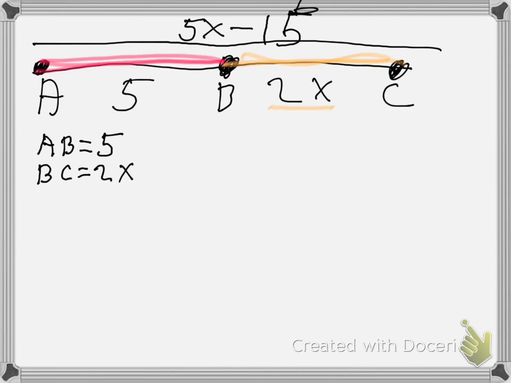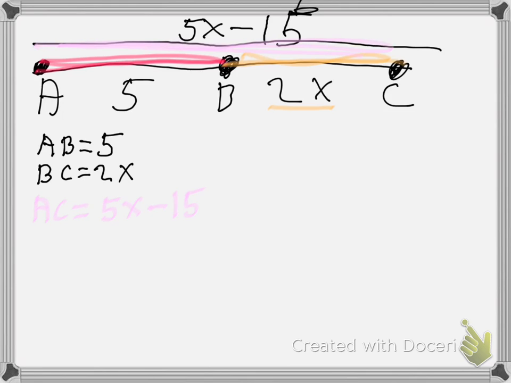Do we know what the whole thing is? Yeah. I'm going to draw it in pink so you guys know. From A to C, it's 5x minus 15.